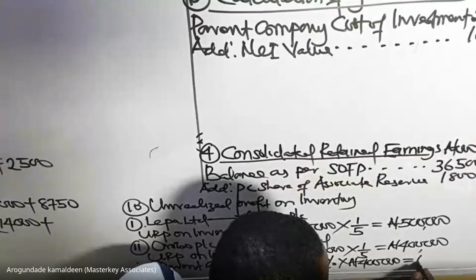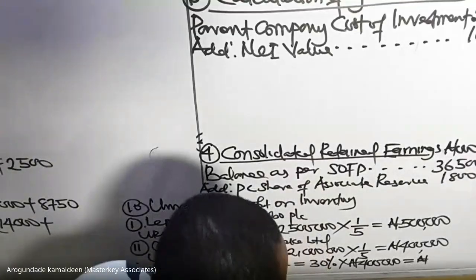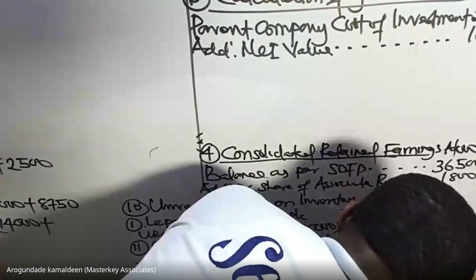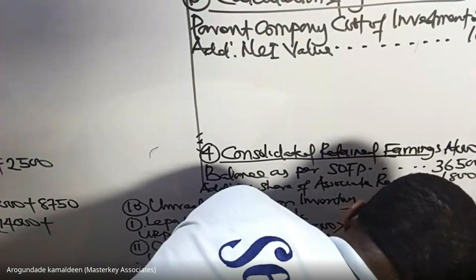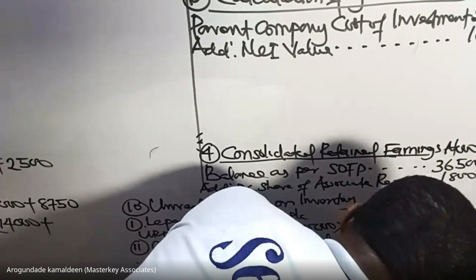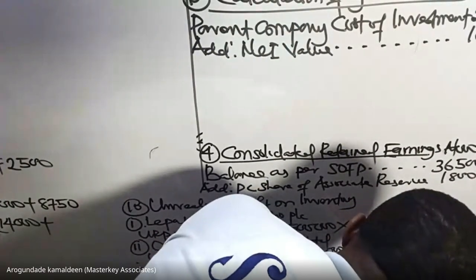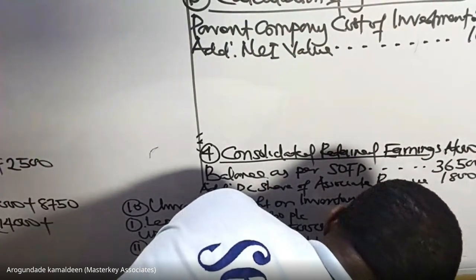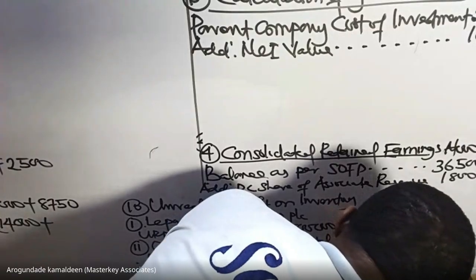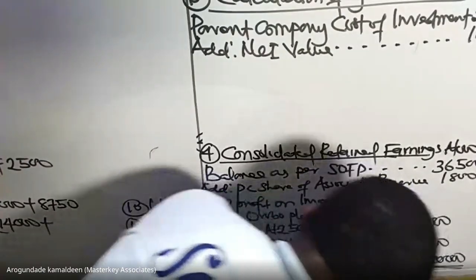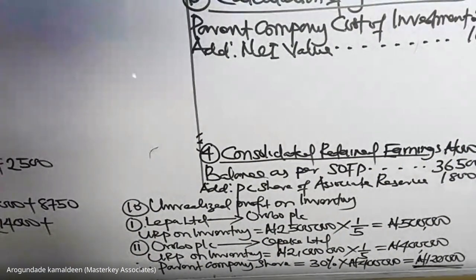So what would that be now, class? 120,000. Please, you can see the difference now in how to treat the URP on inventory between the parent and the associate. Please, that is very, very important.